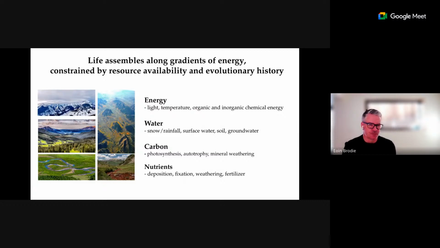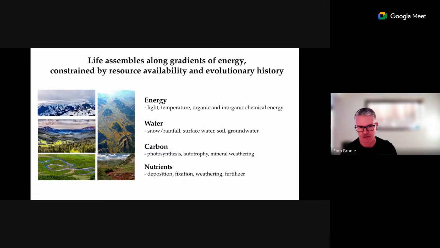So let me start with just some basics here. Like all living organisms, microbes and all life assemble across gradients of energy. The ability to assemble across those gradients is constrained, though, by resources, but also the evolutionary history. So the evolutionary history of the organisms constrains their future response to changing environmental conditions.